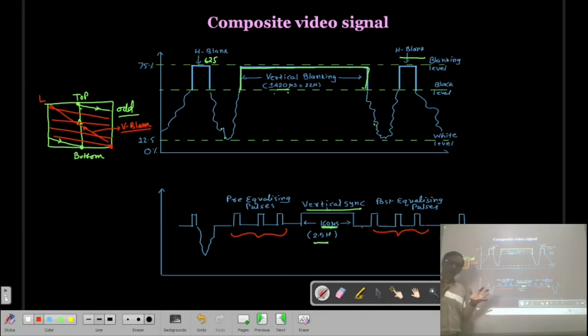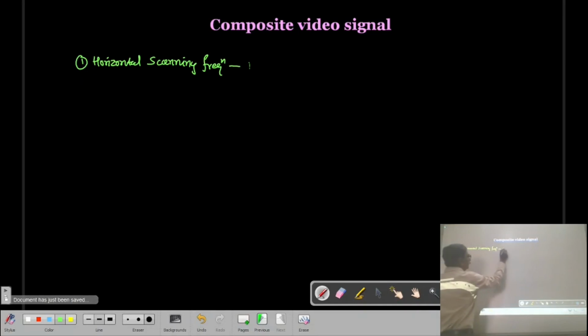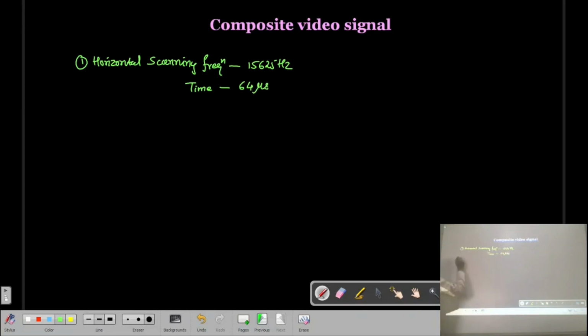Okay? So in this way, if we see a complete video signal, then this video signal consists of a number of pulses. Just to summarize, first of all, the horizontal scanning frequency is 15,625 Hertz, then the horizontal scanning time is 64 microseconds. Correct?